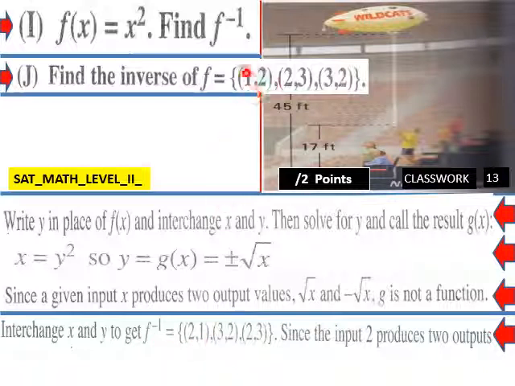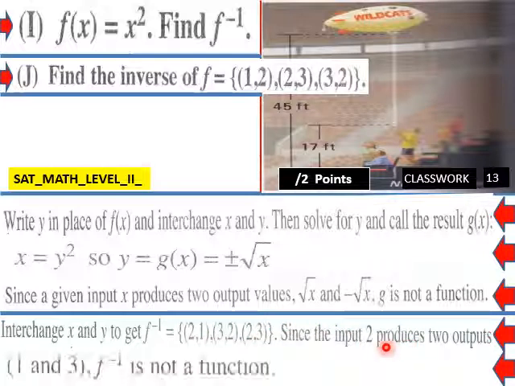So we're going to invert our ordered pairs here. Since the input 2 produces two outputs, 2 goes to 1 and 2 goes to 3 here. It produces two different outputs, 1 and 3, so the inverse of f is not a function.